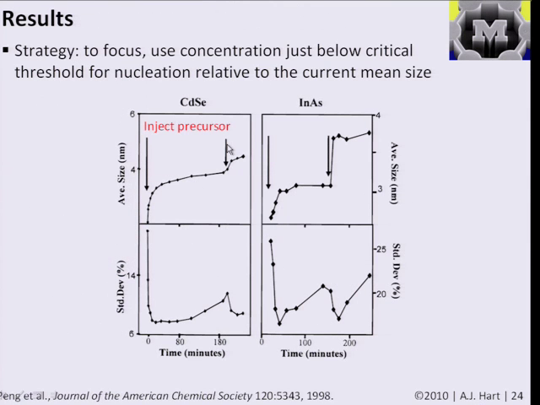So to complete the picture, we can go back to the plot we had from the Peng paper and think about when they're injecting more precursor later on. They're creating a situation where the value of the critical radius under these particular conditions is sufficiently smaller than the average radius such that you go from a regime of broadening the size distribution to focusing the size distribution.